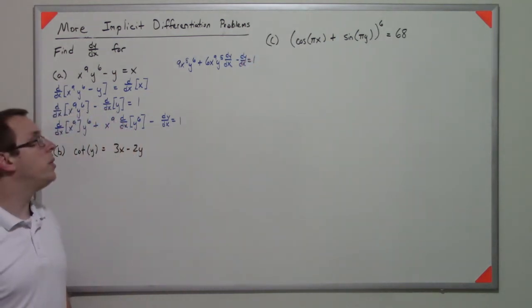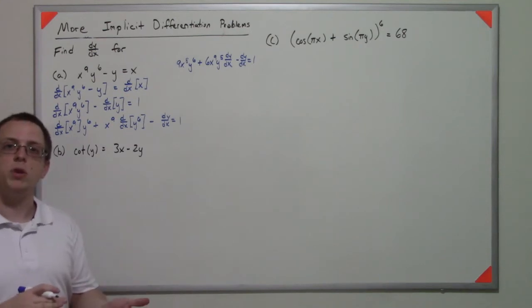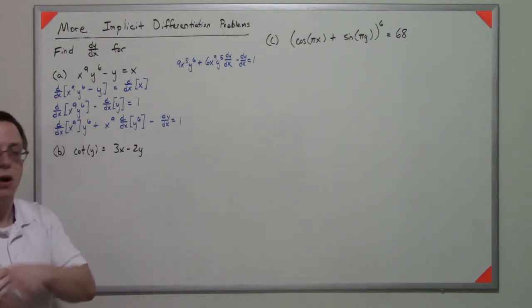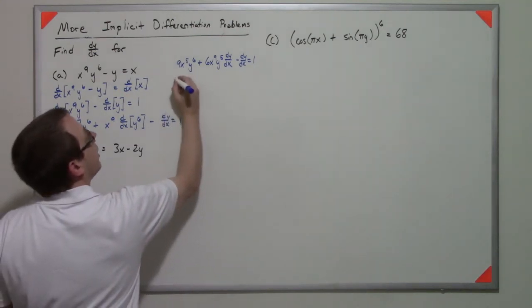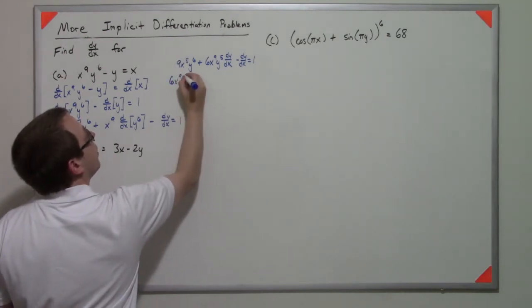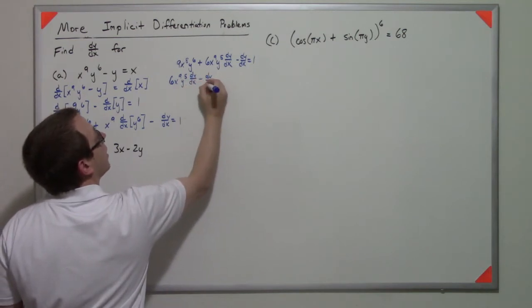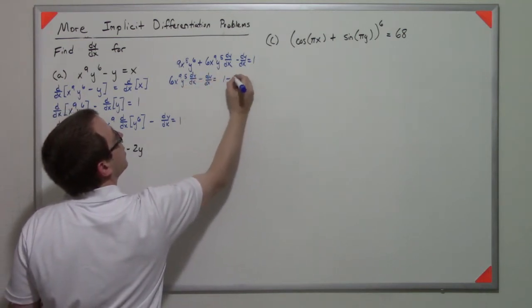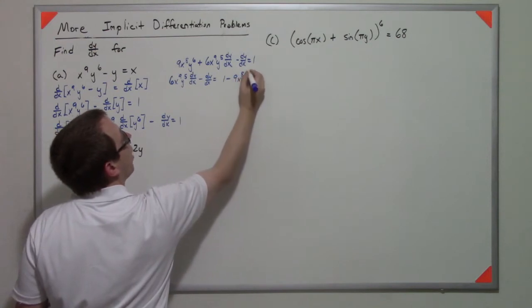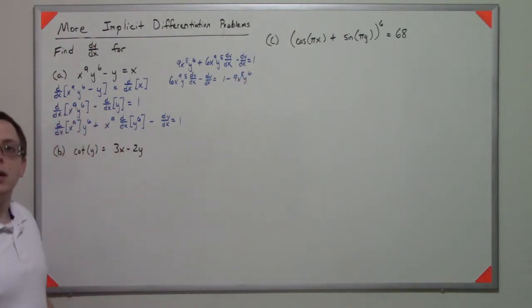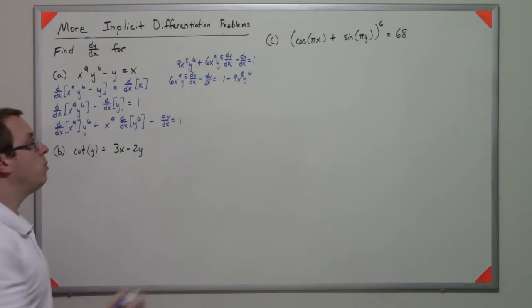So then what we do is we get all the terms with dy dx on one side and all the terms without it on the other side. So we have 6x to the 9th, y to the 5th, dy dx minus dy dx equals 1 minus 9x to the 8th, y to the 6th. At which point we factor out dy dx.